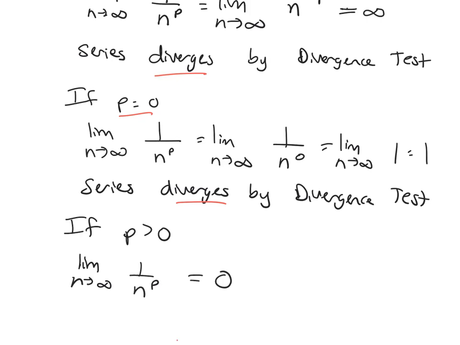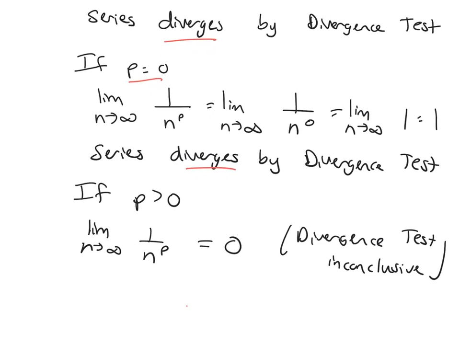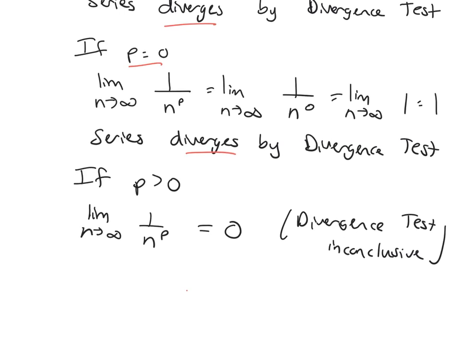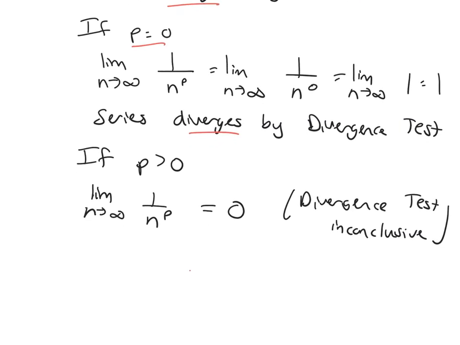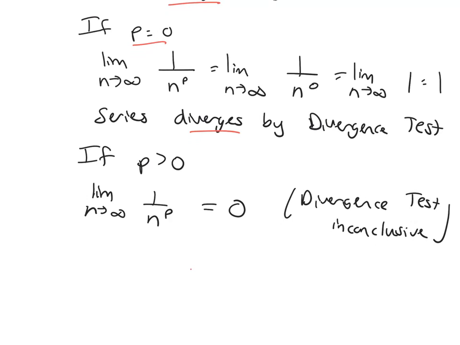Anytime you get 0, my divergence test just tells me nothing. Divergence test inconclusive. I tried it and it failed me. So that means I'm going to try something else. No big deal. It failed. We're just going to try something different. So here's where I'm going to go ahead and use the integral test to compute this.